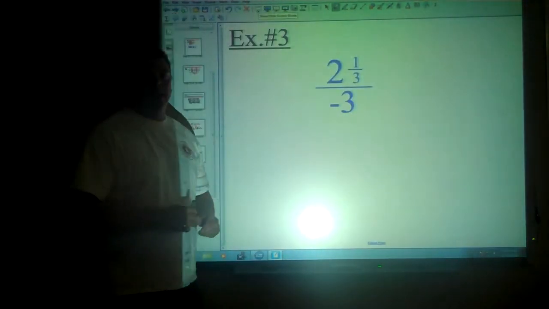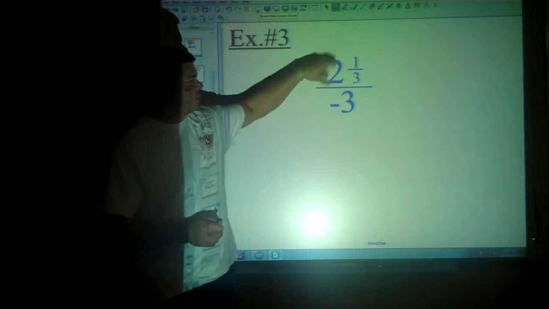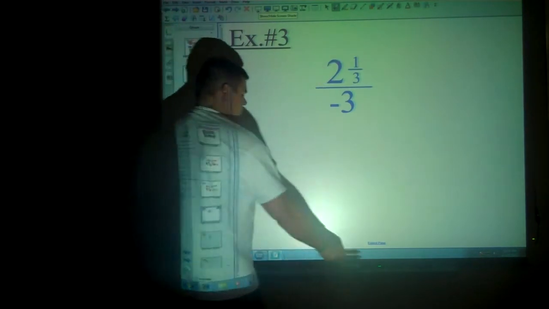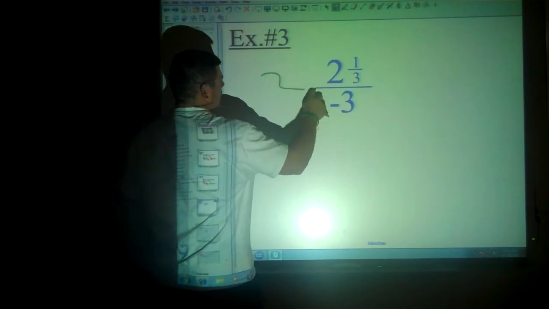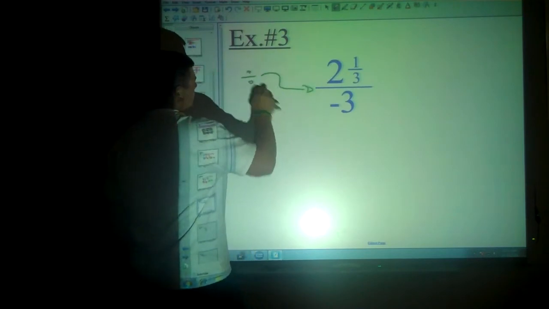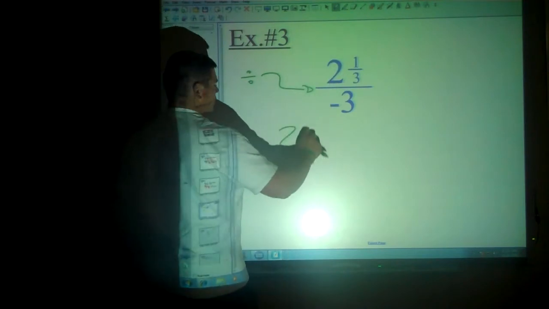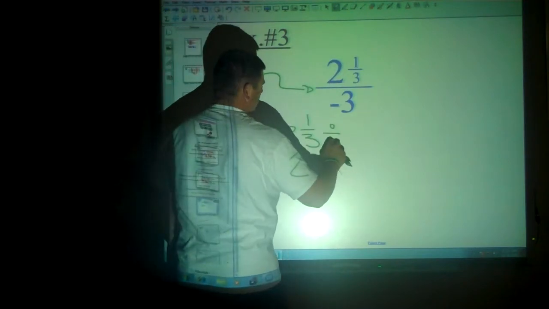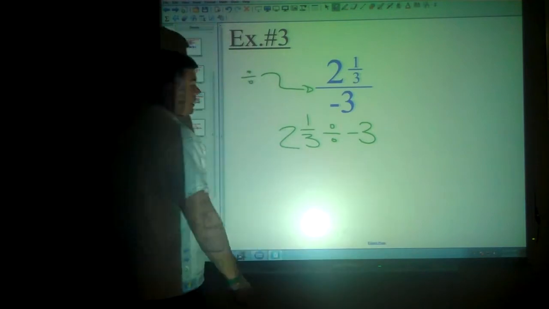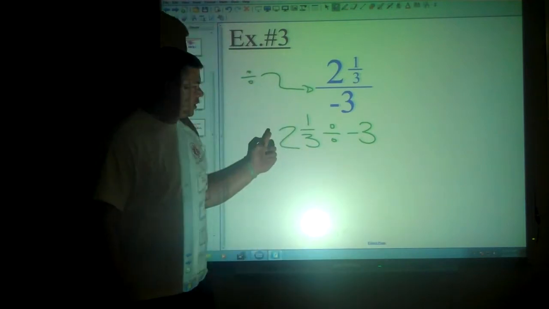This is called a complex fraction, because it's a fraction inside a fraction. But just remember what you already know is that that line right there means division, which in fact means this could be rewritten as 2 1/3 being divided by negative 3. Now this is a format very similar to what we've been working on.